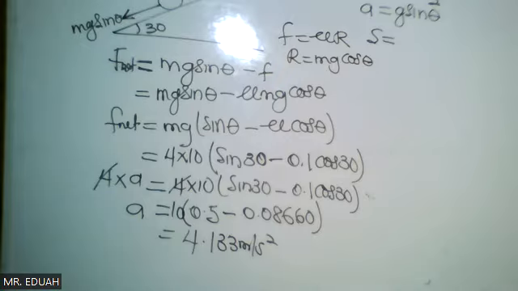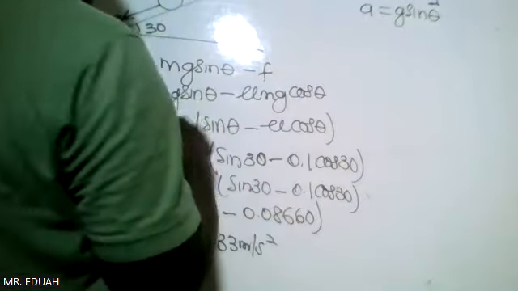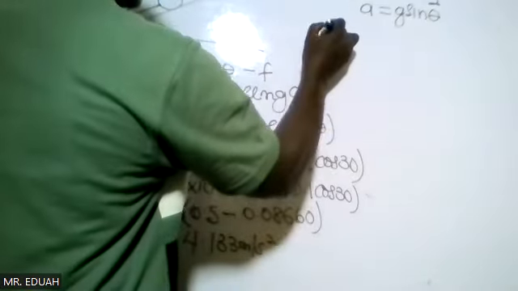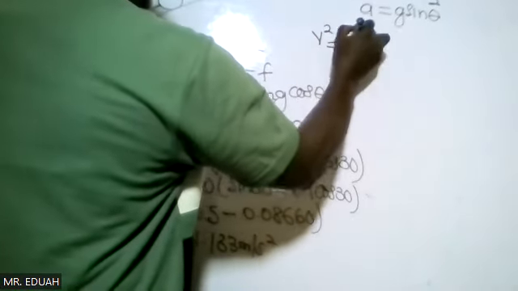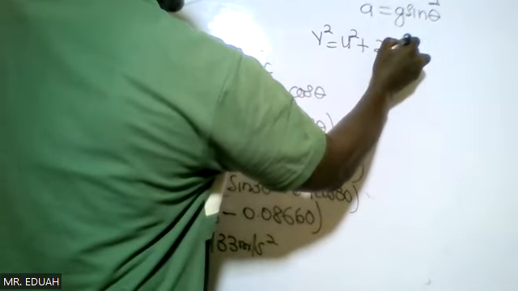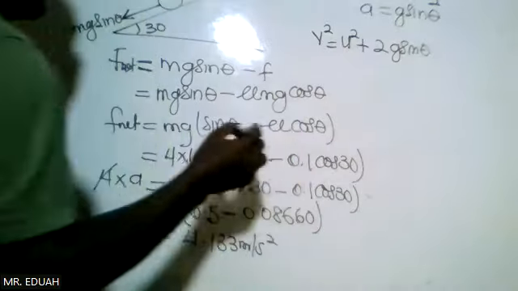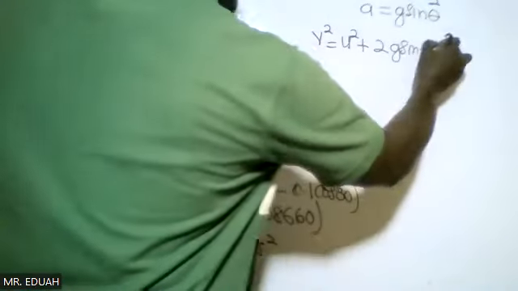We are looking for the speed just before it hits the ground, so we use v squared equals u squared plus 2as, where a is g sin theta.